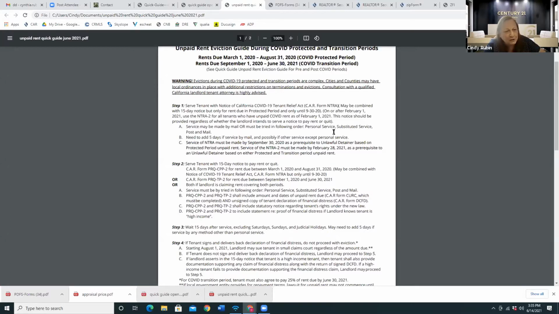So this is how most of the unlawful detainer related things have to be served: either personal service, or you can go to substituted service when you go to the property and the person you're trying to serve isn't there, but another adult is there, you can serve them. That's called substituted service, and when you do that, you also have to mail a copy. And the last one is post and mail. You can tape it on the door and then mail a copy. Those are all good ways to serve this form.